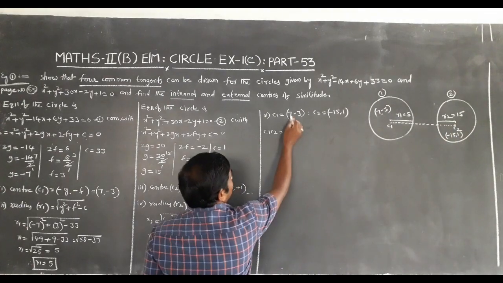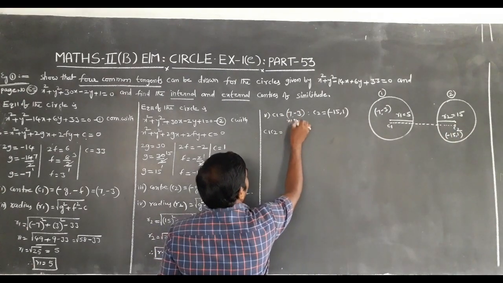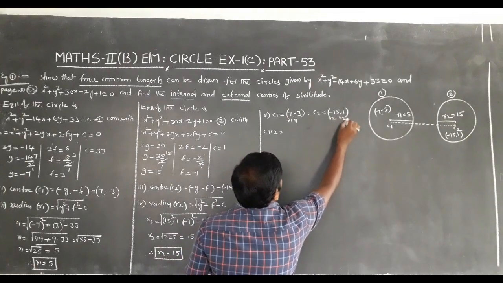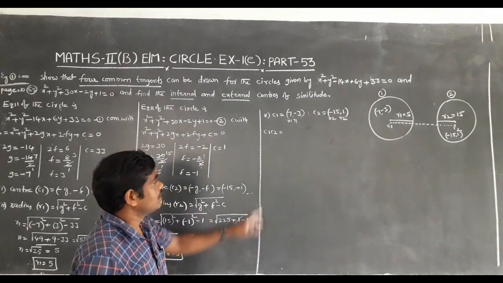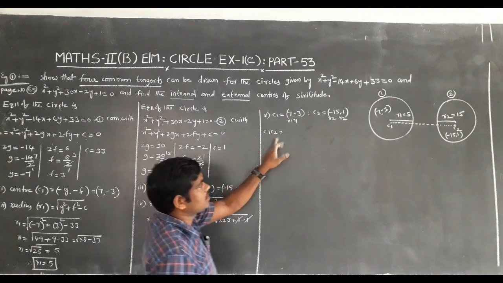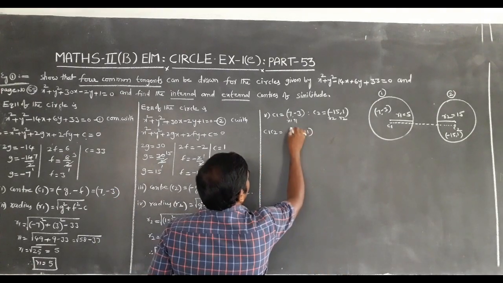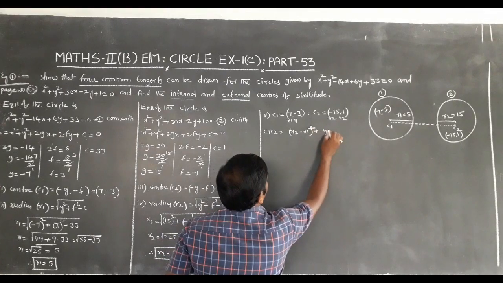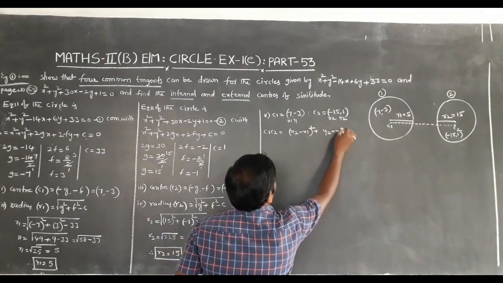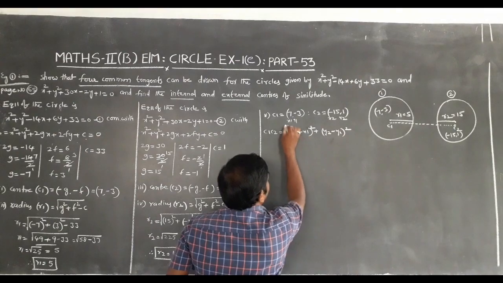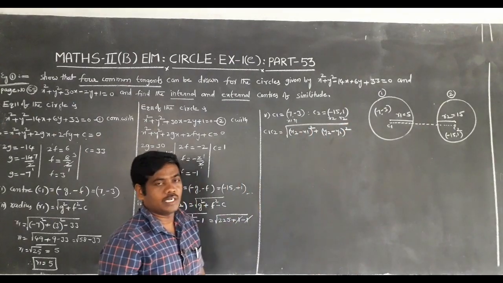Let C1 be x1 y1 and C2 be x2 y2. C1C2, the distance between the 2 points, is equal to under root of x2 minus x1 whole square plus y2 minus y1 whole square.